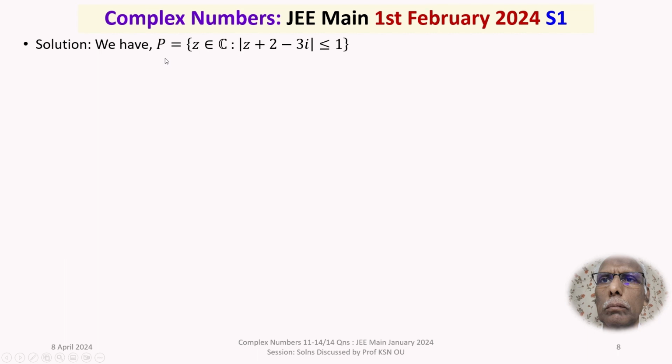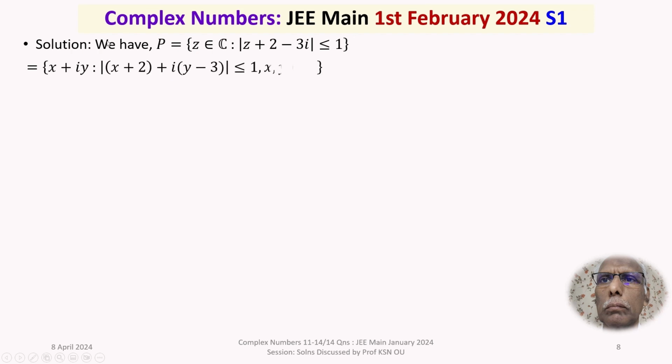We have P, the set of all z belonging to C, such that modulus of z plus 2 minus 3i is less than or equal to 1. So let's write z as x plus iy, where x, y are real numbers.